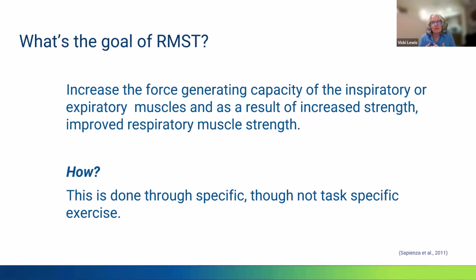The thing that interested me the most when I learned about RMST, and I think I first heard about it in 2009, was when a dear colleague of mine and I were collaborating about a challenging patient. My colleague said to me, well, I think he would benefit from EMST. And she may as well have said he might benefit from MOUSE.